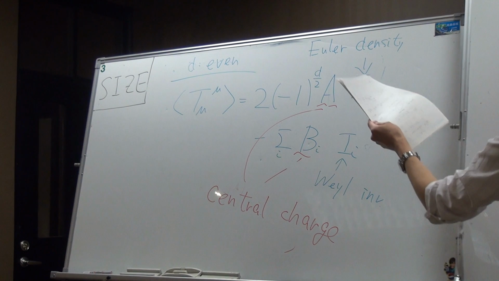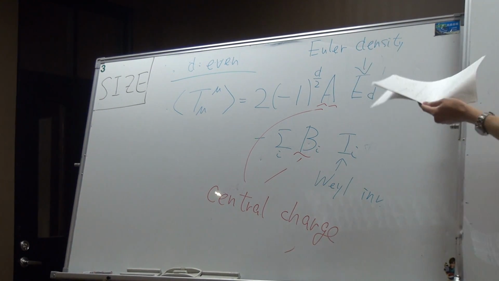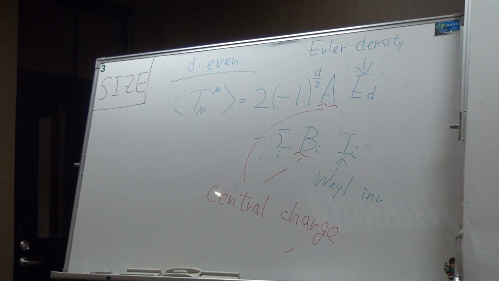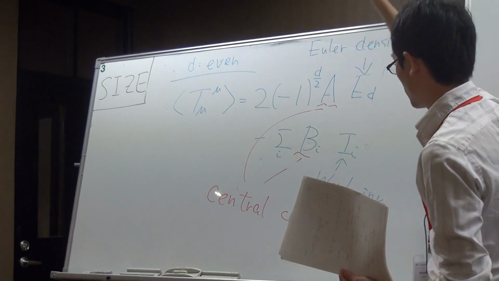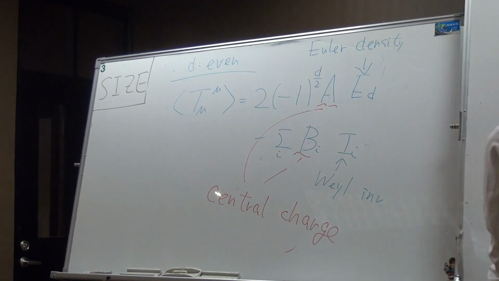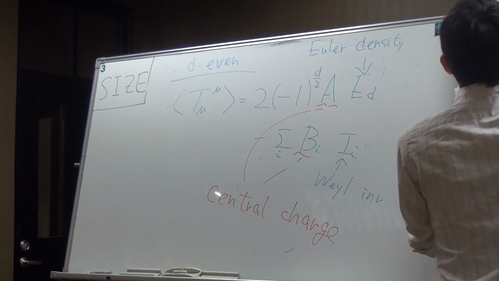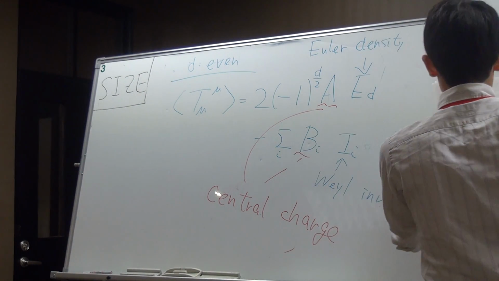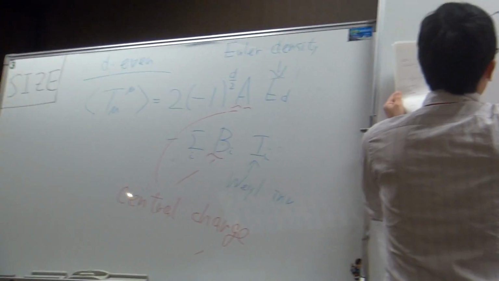And in two dimensions, there is only one Euler density. I mean, there is one Euler density in any even dimension, but there are several Weyl invariants in higher dimensions. In two dimensions we don't have any Weyl invariants, only the Euler density.